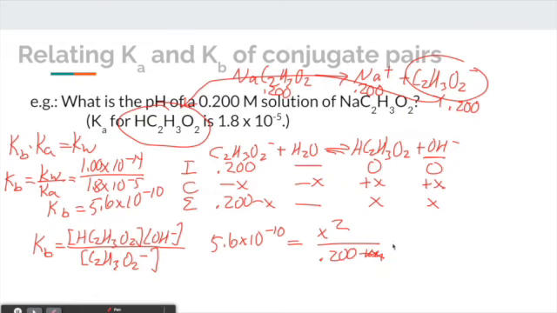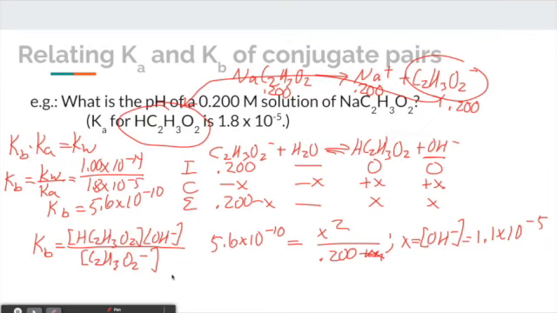And then you could use this to solve for X. And X is going to be concentration of OH minus, so that's why that would be useful to solve for X. So I multiply both sides by 0.2, or solve the quadratic if you want, and then take the square root. Either way, you're going to come up with a hydroxide ion concentration of 1.1 times 10 to the minus 5.